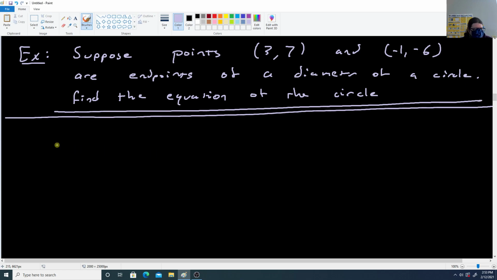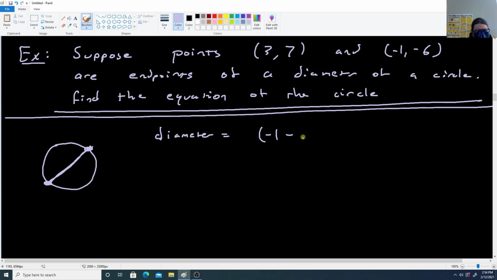So what they've given us is a circle here. They've given us 2 points that are across the circle from each other, and the distance between those 2 points is the diameter. So if we use the distance formula between the 2 points, the diameter will be the square root of x2 minus x1 squared plus y2 minus y1 squared.